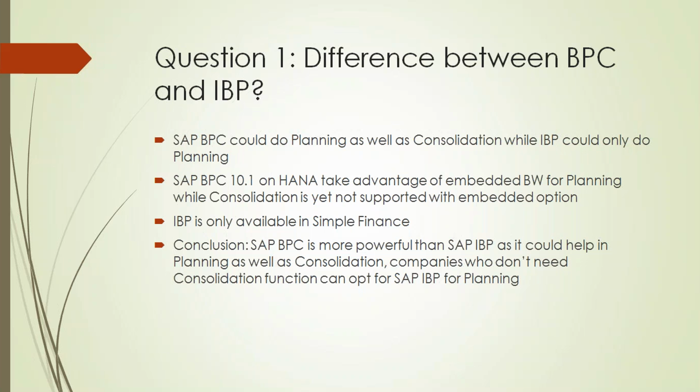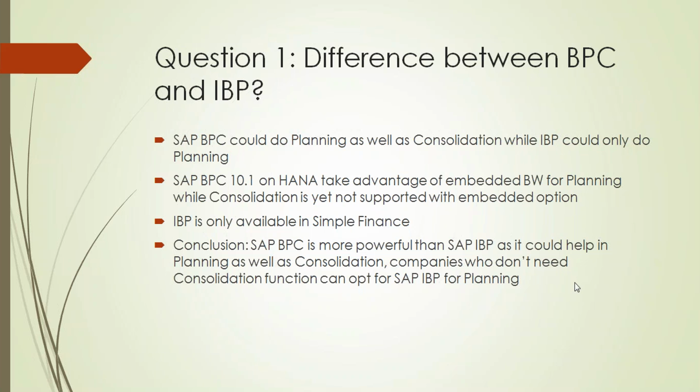You have to take the data from ECC to BW and then do the consolidation. So till date, separate instance, but they have the plan for consolidation also to be based on the Universal Journal. They have already migrated the planning on Universal Journal, but consolidation is still not migrated. Okay, Abdul?